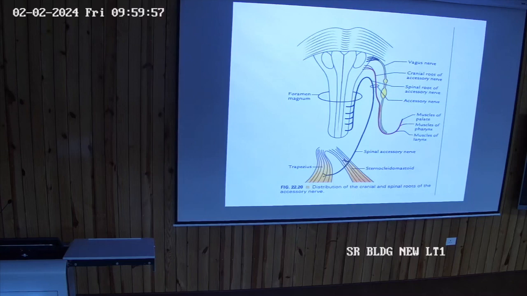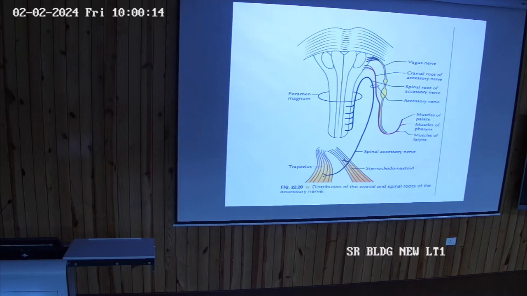But one important thing I am telling you here, because most of the time the teacher will ask you, all right, they supply the motor fibers, what about the sensory fibers from the two muscles? They are very important. So what happens? Look here.